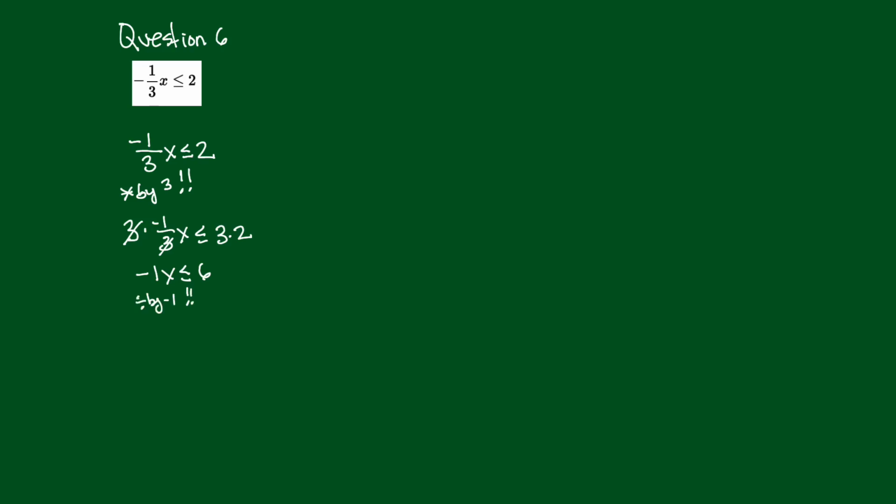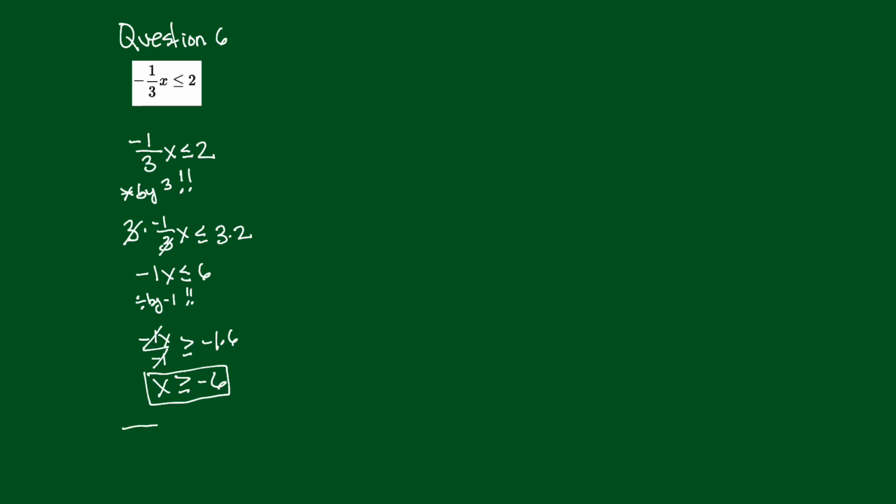Alert, now I'm dividing by a negative, so I need to change the direction of this symbol. So I'll write negative 1x over negative 1 greater than or equal to 6 over negative 1. Now negative 1 divided by negative 1 is 1, so I get x is now greater than or equal to negative 6. There we go.